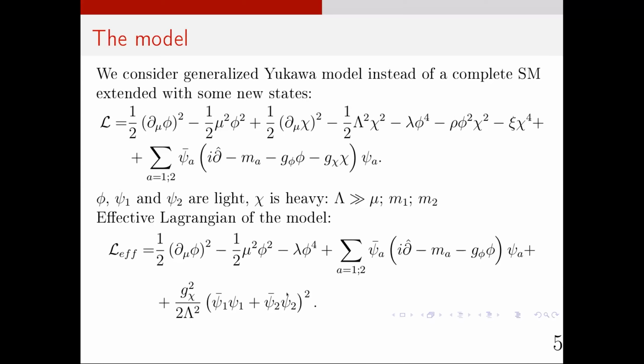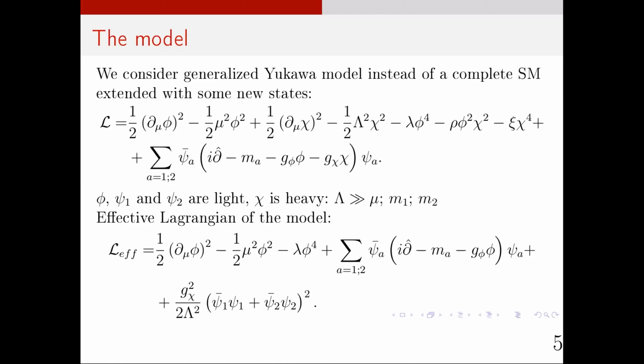This contribution is given by the four fermion vertices. Here you can see them. And their contribution is suppressed by lambda squared. So if lambda is very, very high, this term vanishes, and we only have our light sector theory, light theory.